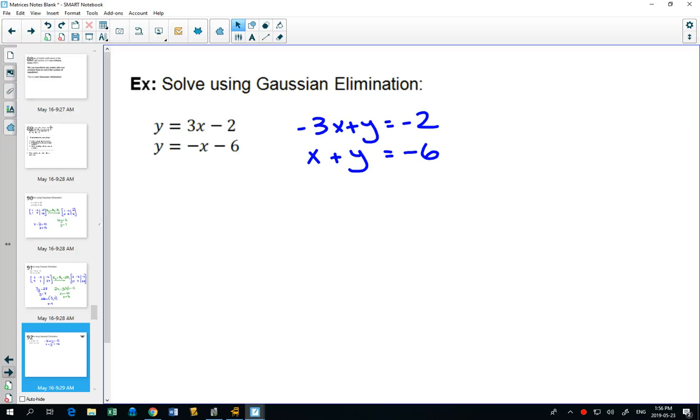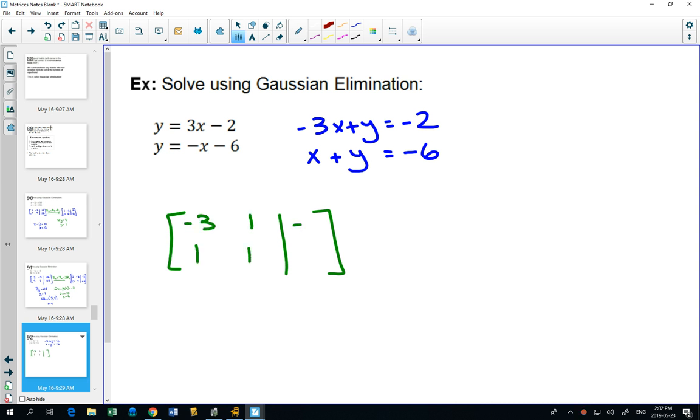All right, I'll get you to try this one. I'm going to show you guys something that you can do. So when I set up my augmented matrix, this will be -3, 1, 1, 1, -2, -6. Sometimes doing too much mental math at once can cause you problems.